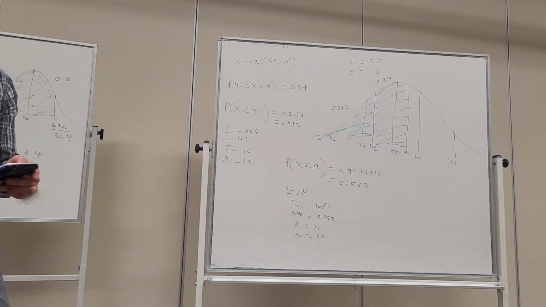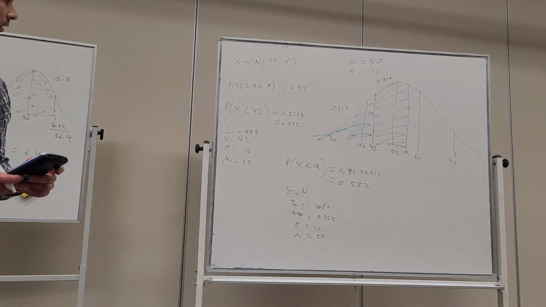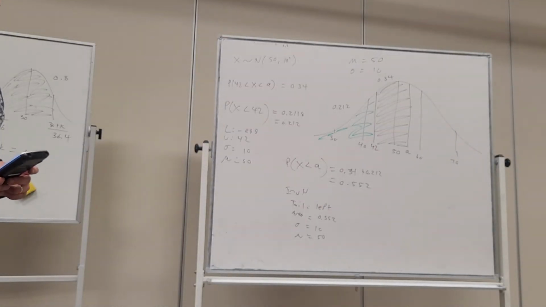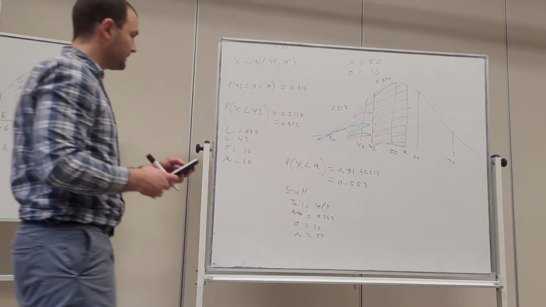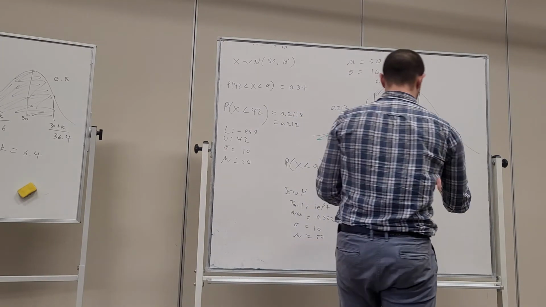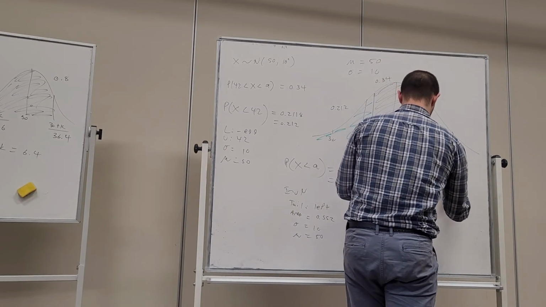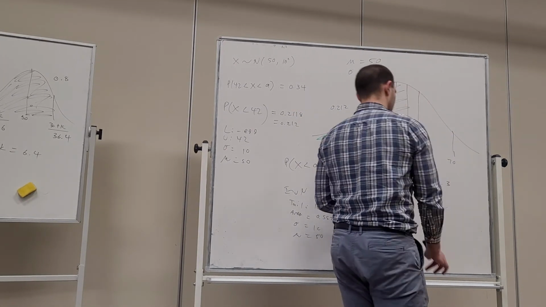Distribution, normal, inverse normal, left. 0.552. 51.307, so 51.3.